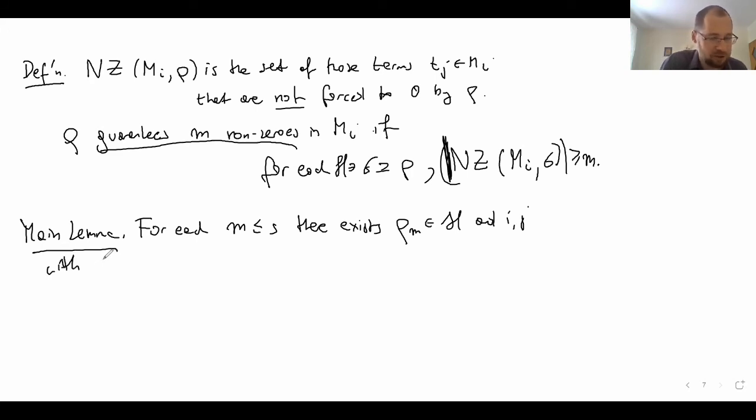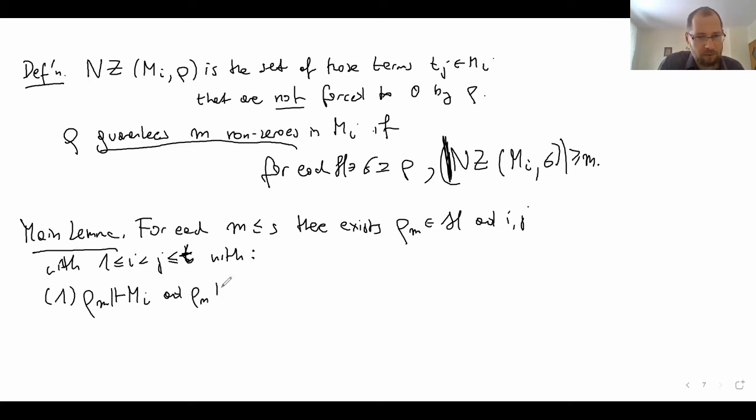Those are numbers of configurations. So i is greater than 1, j is greater than i, j is below t, with the following properties. Firstly, rho m forces MI to true, and rho m forces MJ to false.